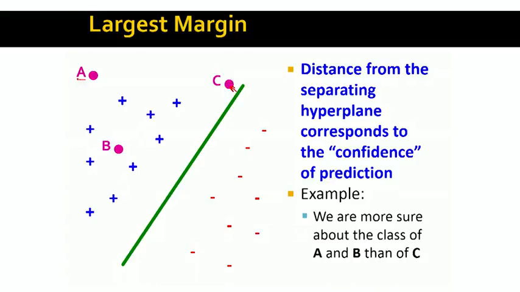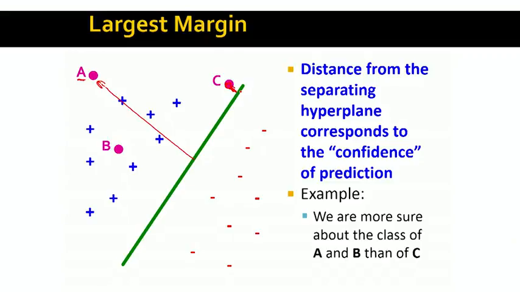For example, if we ask, how confident are we that this email A is not spam? That would be very easy. It's very far away from the decision plane. While, for example, for this email C, we are not entirely sure. It's very close to the decision boundary, so it could as well be on the other part and be labeled as minus.